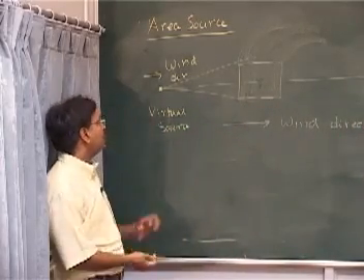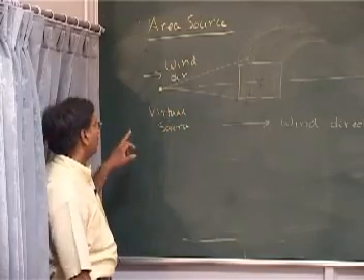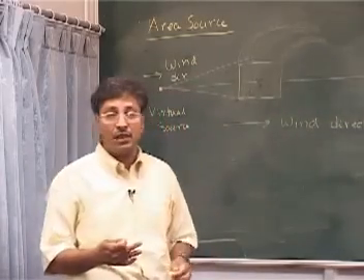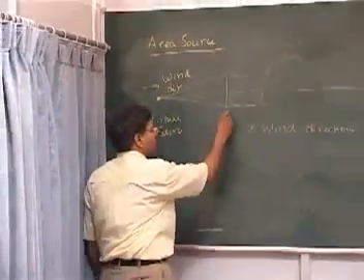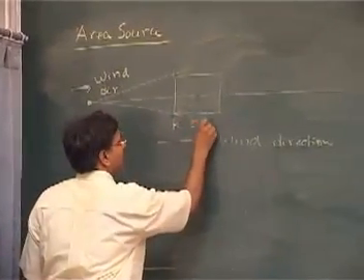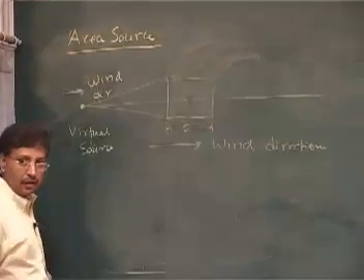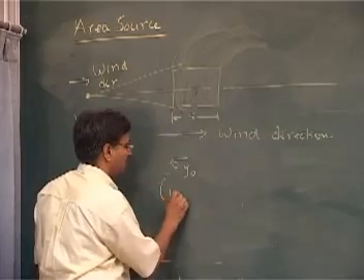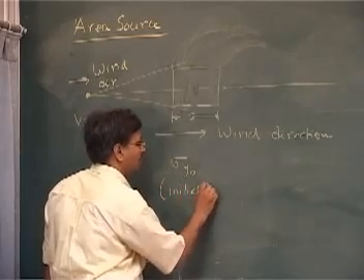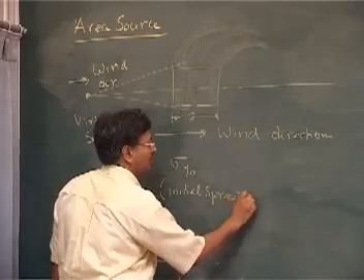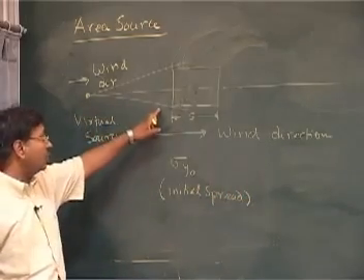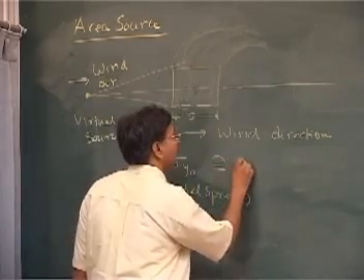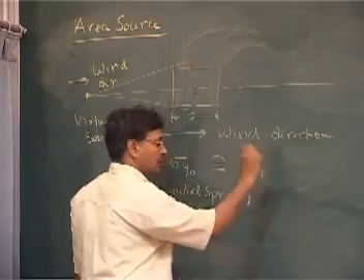With experience and many other studies, we found that, suppose this distance is S, the sigma y0 that you are observing here is approximately S by 4.